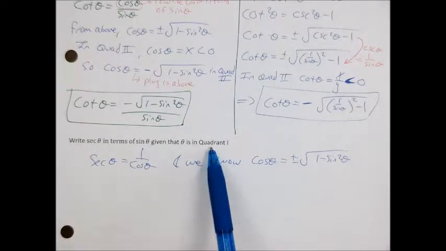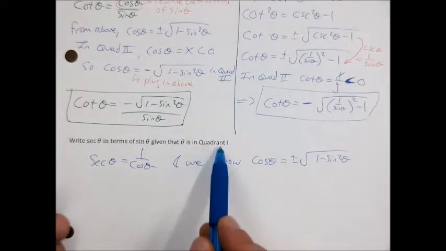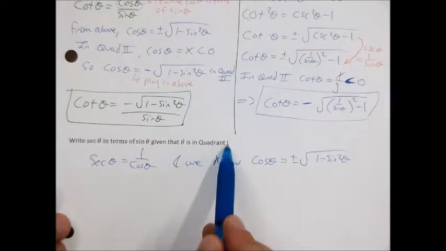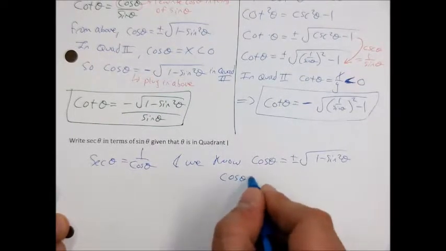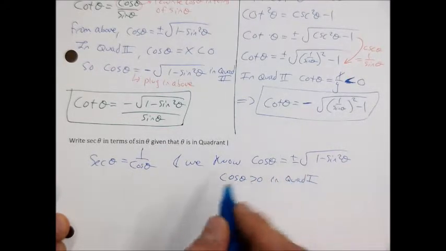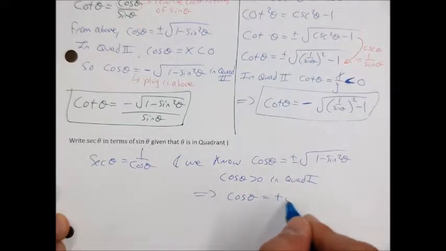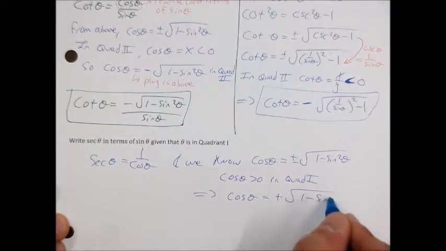That's where the quadrant comes in. We know we're in quadrant 1. Everything's positive in quadrant 1, right? X's and Y's are both positive there, so everything's positive. And so we know that cosine is positive in quadrant 1. So we can make this substitution as plus the square root of 1 minus sine squared.